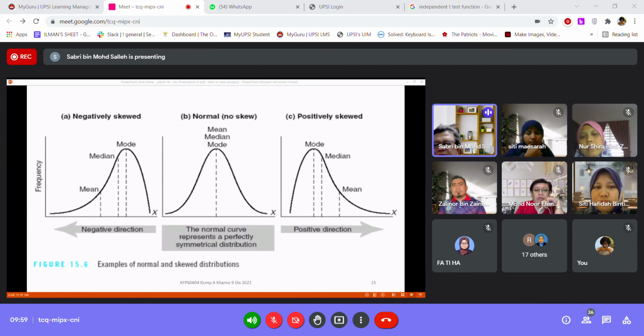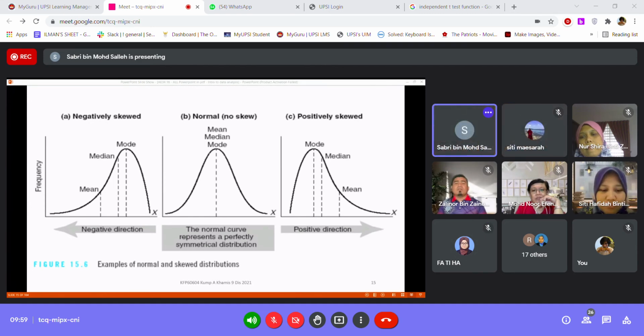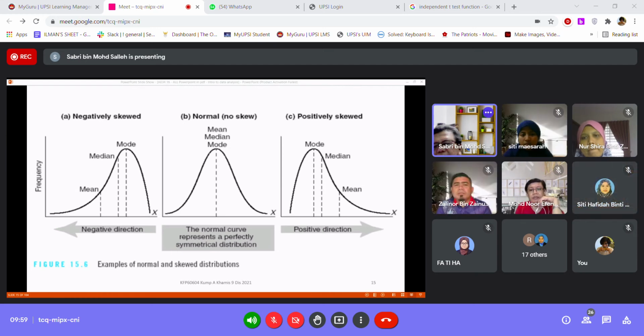If there is no difference, that is the same. Kalau kita reject null, bermakna terima alternatif: our sample data is not the same as the normal data. Maknanya our data is not normal lah.